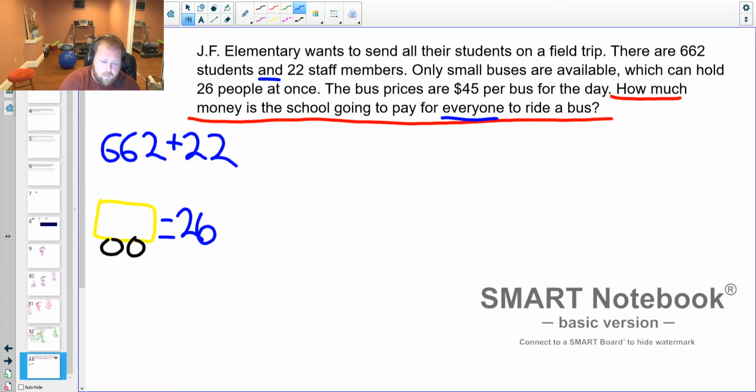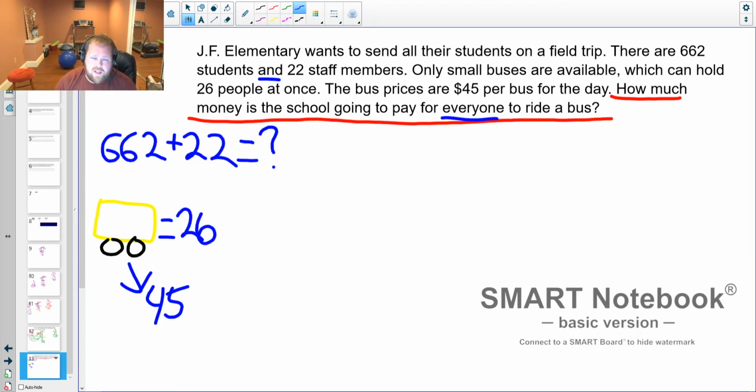Okay? Equals blank. 26 people per bus. And each bus is $45 for the day. It's a cheap bus.